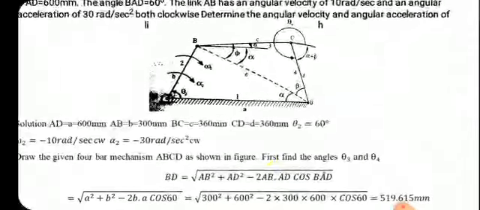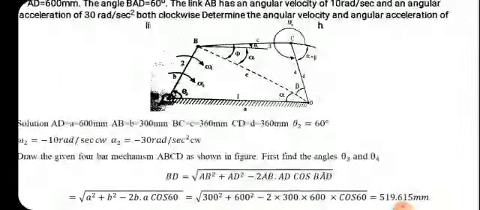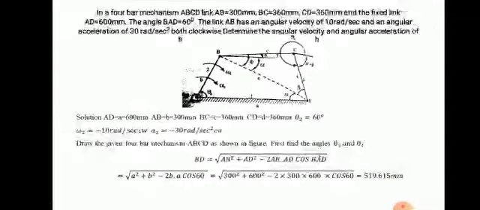This is a 4-bar mechanism problem. Similarly, omega 2 is given, alpha 2 also given here: angular velocity and angular acceleration.